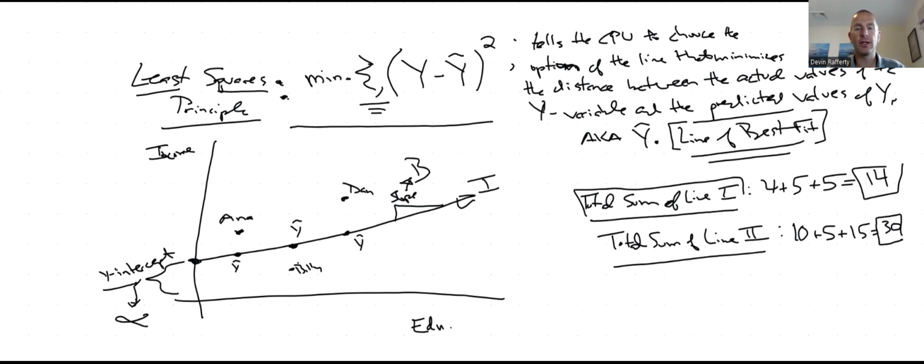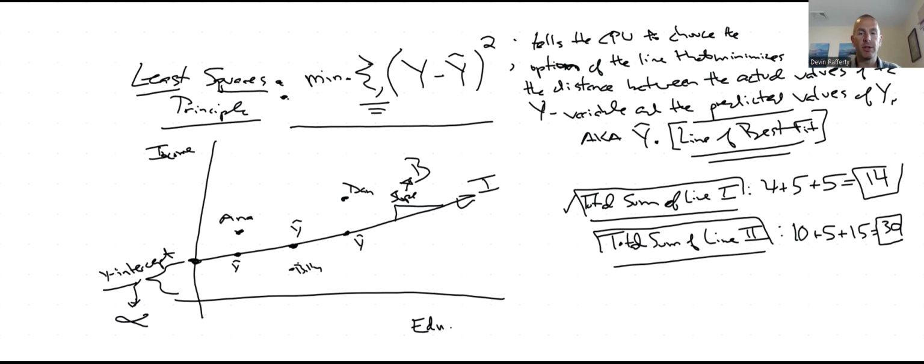The total error in line 2, which I erased, is 30 units. Which one has less error? 14 units or 30 units? Well, 14. So what's the line of best fit? It's line 1.